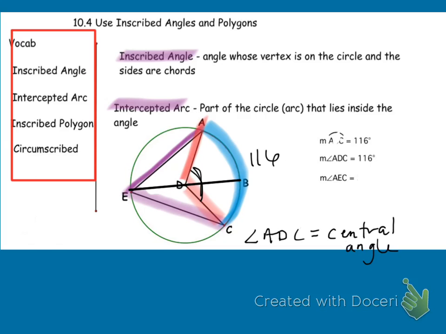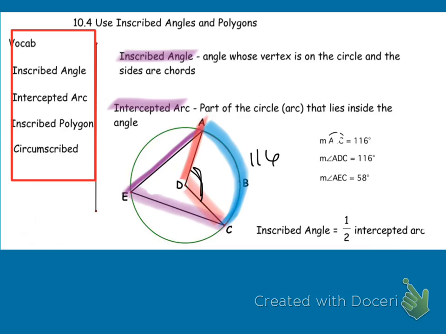So if it's twice as far and my angle is getting smaller as I get further away, it's twice as small, or half the size. So what you're going to find is that AEC is half of that 116, which is 58 degrees. So inscribed angles are equal to half of the intercepted arc. Something you need to commit to memory is that inscribed angles are equal to half the intercepted arc, and that'll make your life a whole lot easier. So this angle right here, AEC, is equal to that 58 degrees.